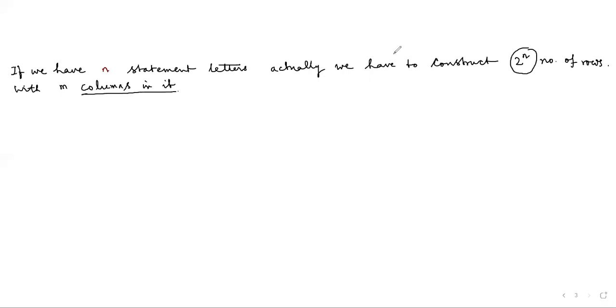So for example, if you have 3 arguments, according to the formula, we need to consider the truth table with the following set of triplets. Suppose we put capital T for P, then with this T in P, we can have the following pairs: TT for QR, TF for QR, FT for QR, and FF for QR.